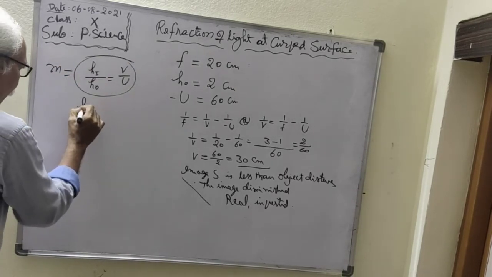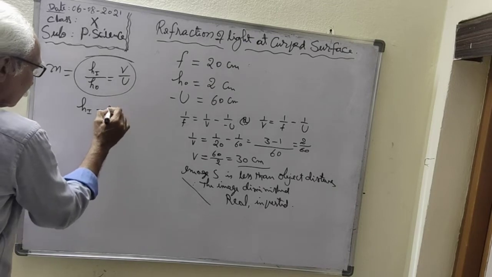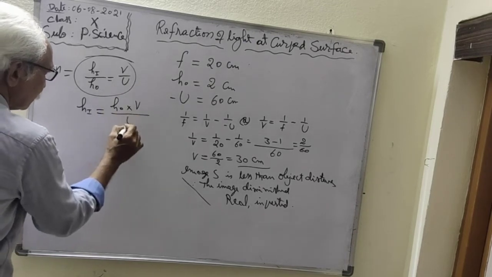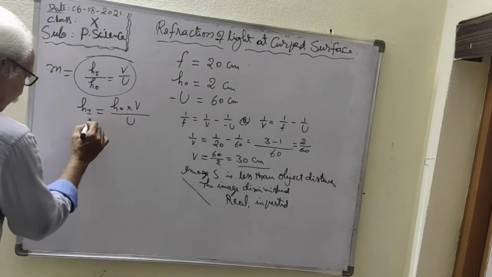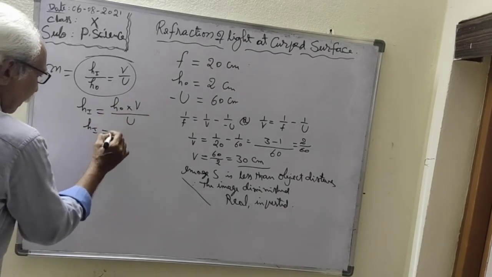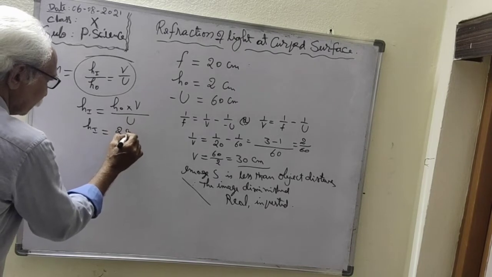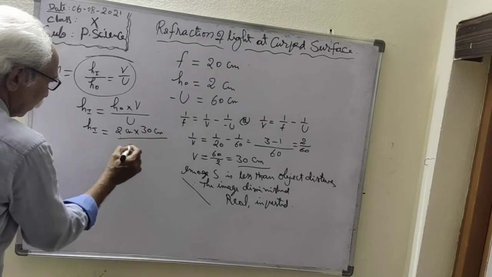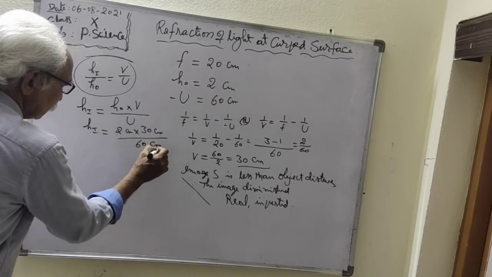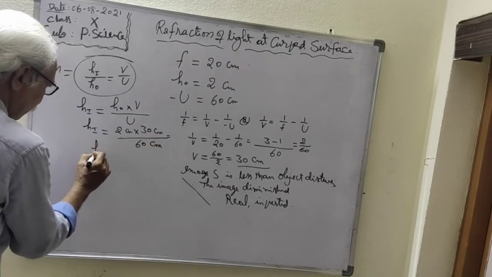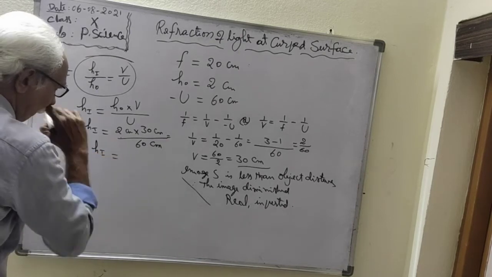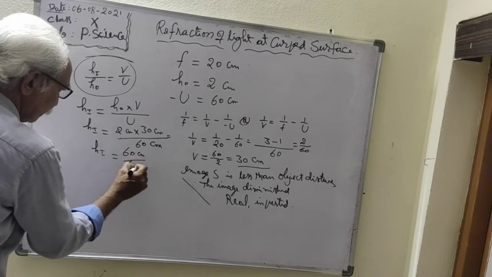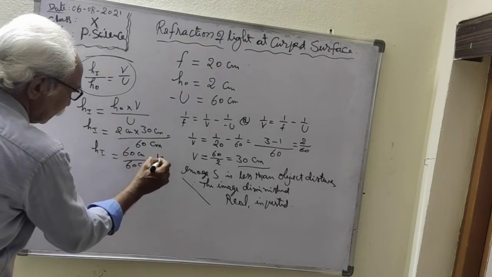So height of the image is equal to height of the object into distance of image by distance of object, which is 2 centimeters into 30 centimeters by 60 centimeters. So height of the image is 60 by 60, equal to 1 centimeter.